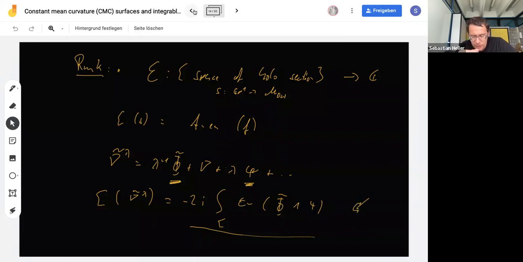So maybe a last remark about this is that the energy functional as defined was motivated by still another work of Hitchin on the self-duality equations, on the moduli space of self-duality equations. So this is a nice hyperkähler manifold, as said before.